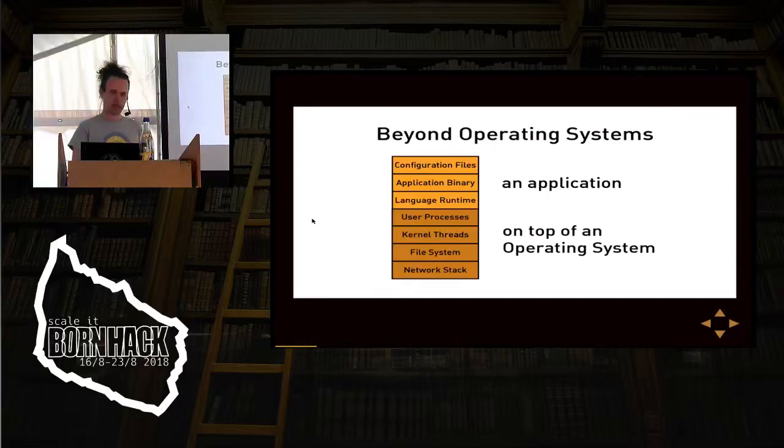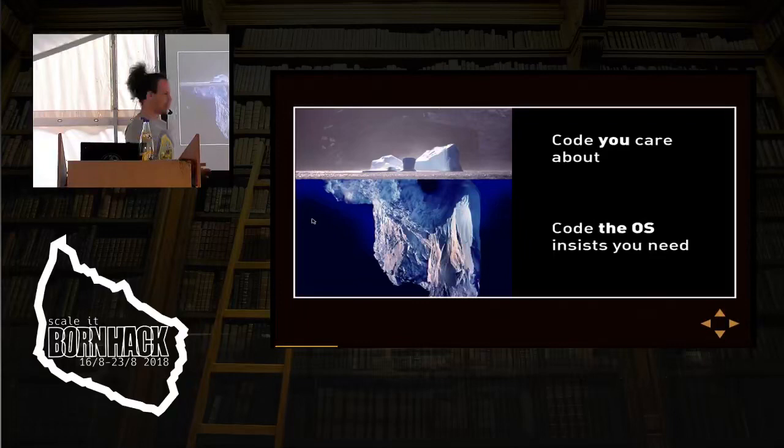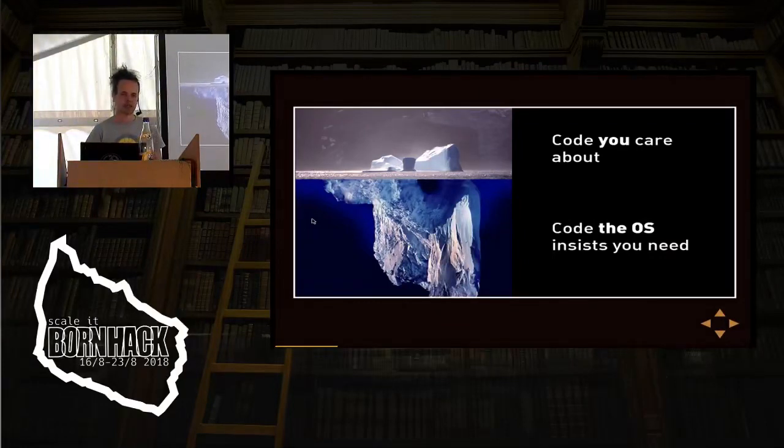So you have a lot of layers of abstraction and a lot of layers of code. Debugging all of that stuff is complex because you need to drill down some layers every now and then, and get to know the file system kernel code or so, in order to debug a concrete problem. The application is basically the top of the iceberg, the code you actually care about, the code you developed. But then you have the bottom of the iceberg, which you can't see, and that is the code that the operating system insists you need.